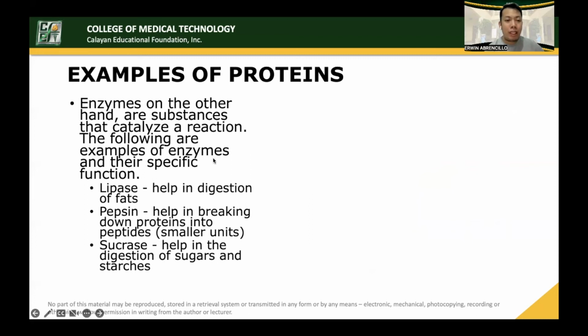These are some examples of enzymes with specific functions: lipase, pepsin, and sucrase. Lipase helps in the digestion of fats. Pepsin helps in breaking down proteins into peptides, and sucrase helps in the digestion of sugars and starches.